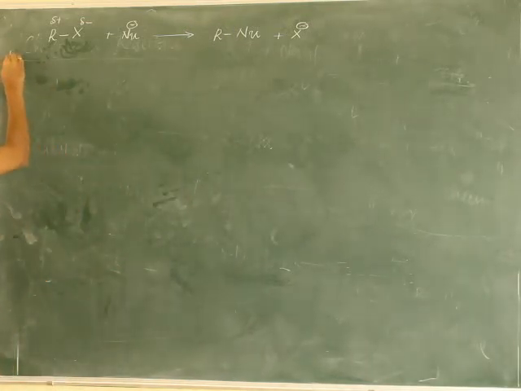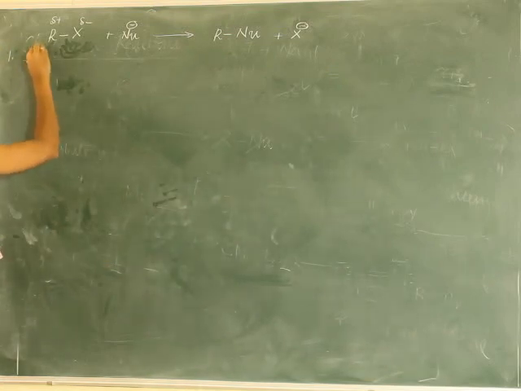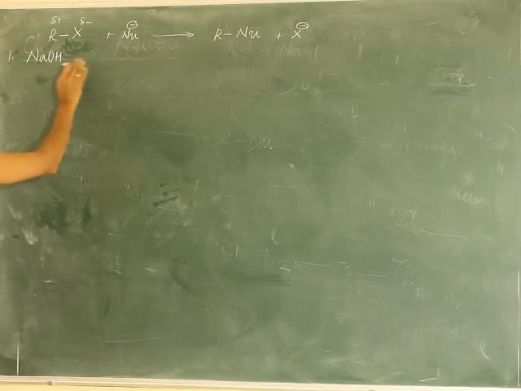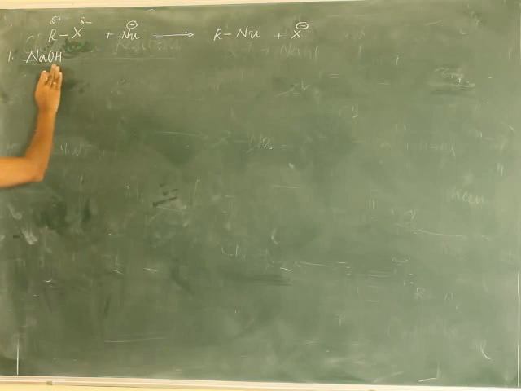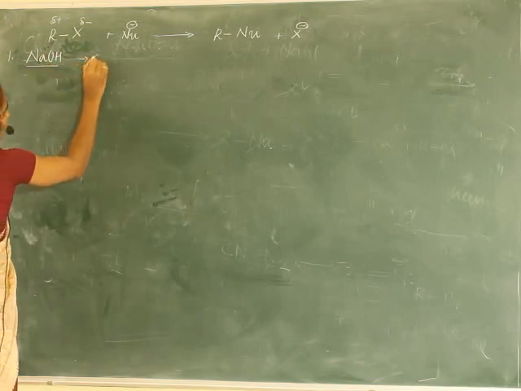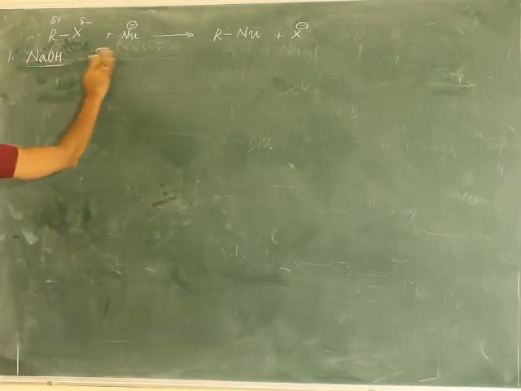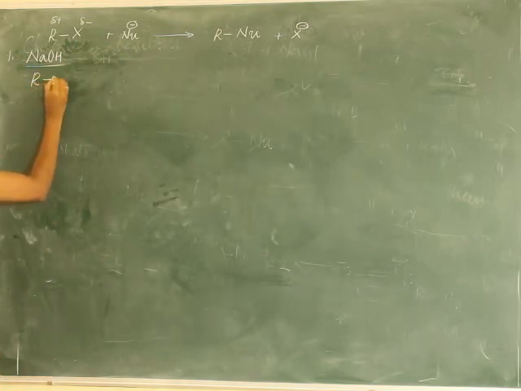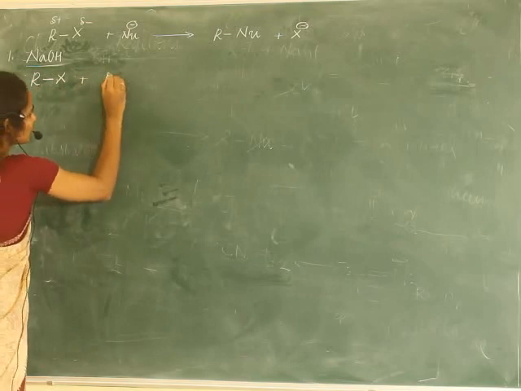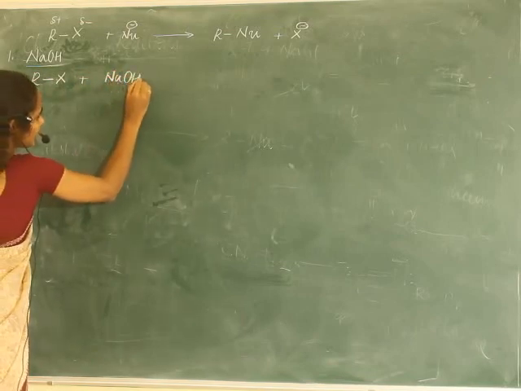First, let us discuss reaction with sodium hydroxide. Reaction of alkyl halide with sodium hydroxide. I think it's clear for you. Sodium hydroxide here is called the reagent, and in this reagent the nucleophile is OH minus. How it reacts? I'll take alkyl halide substrate which on reaction with the sodium hydroxide reagent.